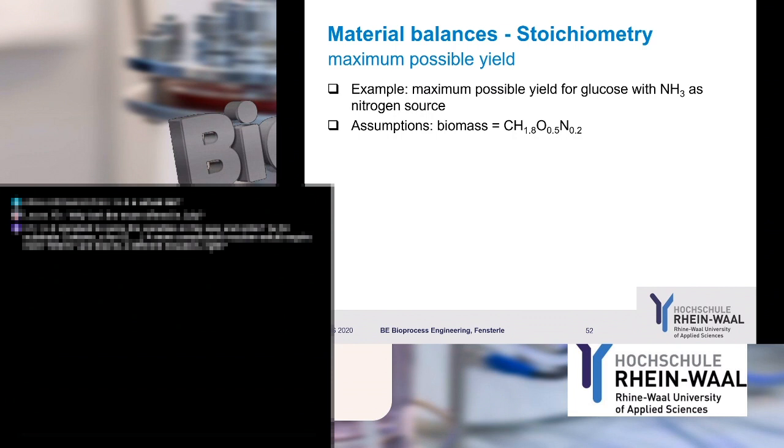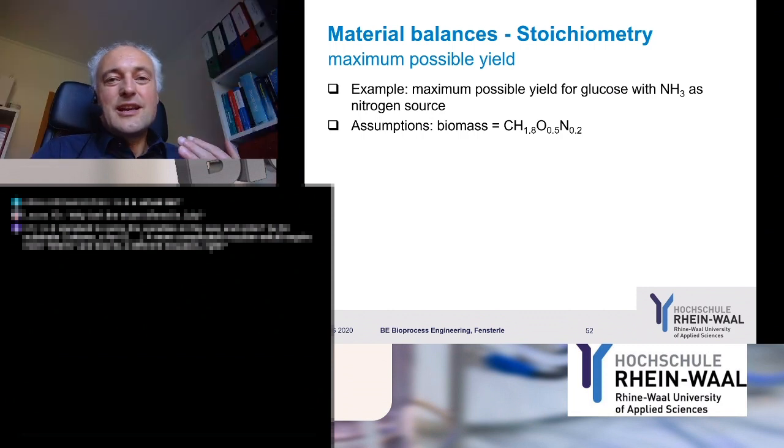So a substrate can have only these 4 elements. It's not getting more complicated. The formula will be more complicated, but we talk about stoichiometry. A substrate can have these 4 elements in different composition, our biomass can have these 4 elements in a different composition, our product can have these elements in a different composition. If we would have 2 products, we just add another term. So there is no change here.